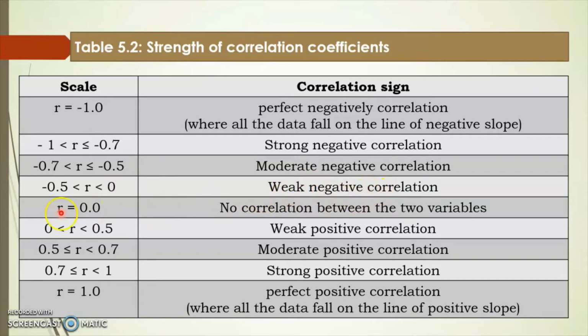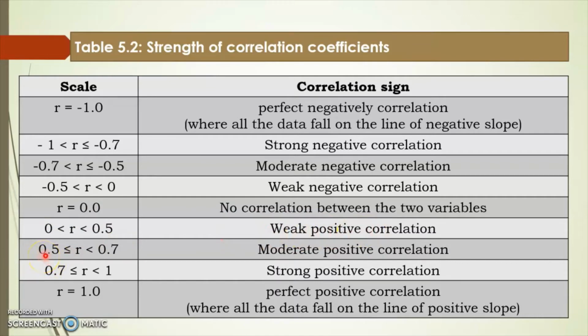And if the R calculated is 0, that shows your factor and your response have no correlation at all, meaning that they are not related. The same way for the positive correlation: between 0 and 0.5, it has weak positive correlation.